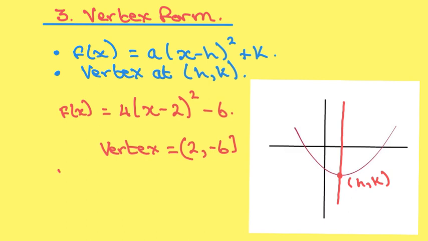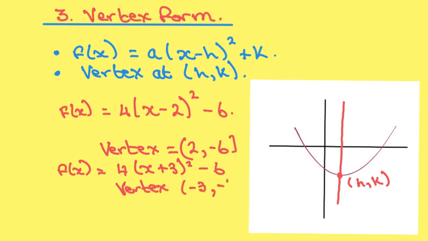If f of x was equal to 4 times x plus 3, all squared, minus 6, you know that the vertex, it's not written as x minus 3, so you need to change the sign. So the vertex would be at minus 3, minus 6.